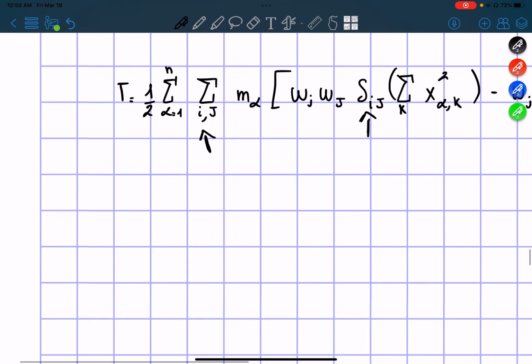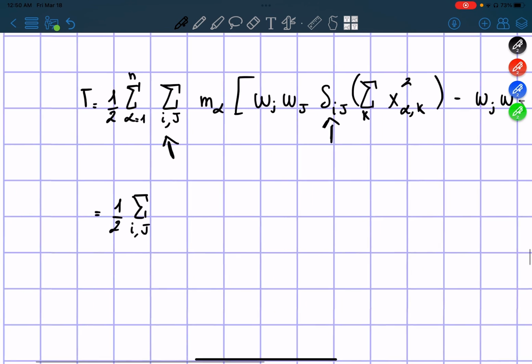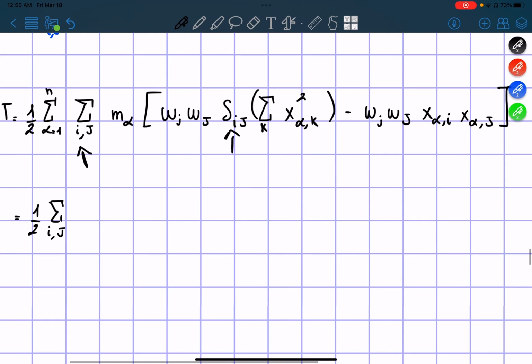So now the book does a little trick, doesn't explain why, but you can see after how it works. So it takes out the I and J, but then it only takes out what is in common between them. So it takes out this part here and this part here. So we do the omega I, omega J, and then the summation alpha. Now, as you can see, we're not actually changing anything.